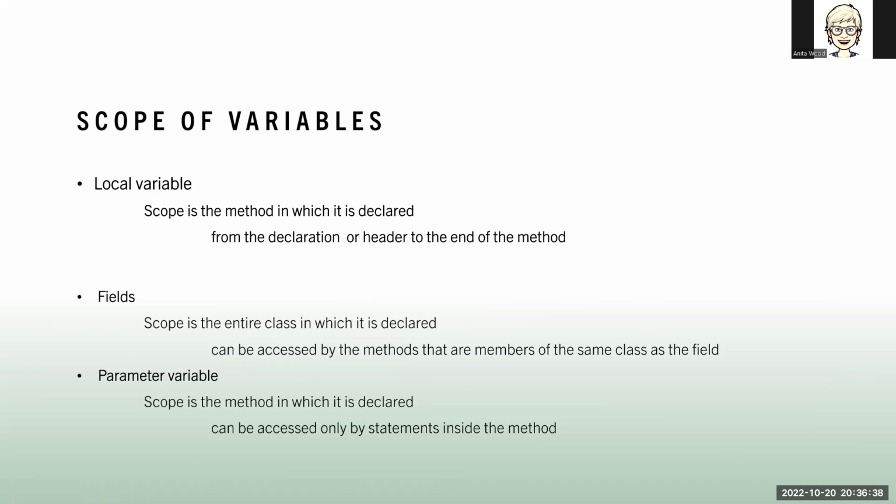And for us in pseudocode, that's the return. Fields, which are in classes, their scope is all the way from the definition of the class to the end, that entire class. Parameters are coming in, and they're parameters for methods, so they are also accessible only inside the method.